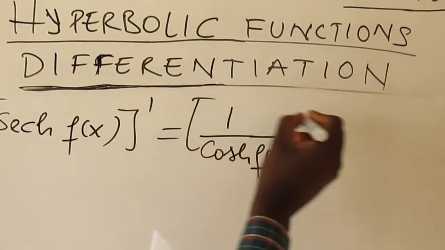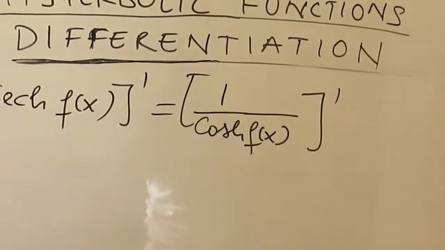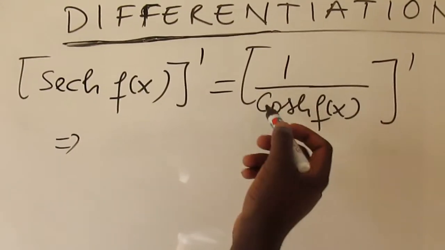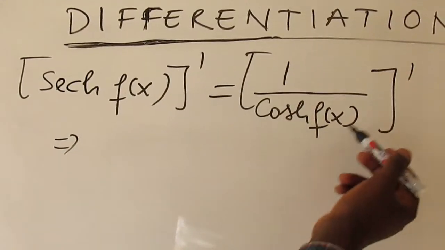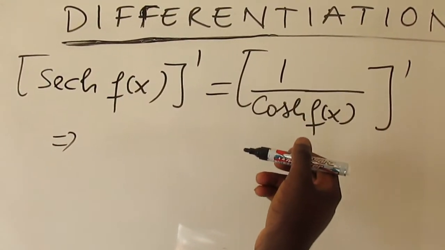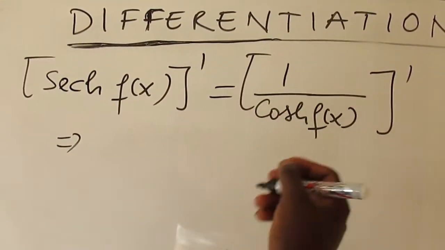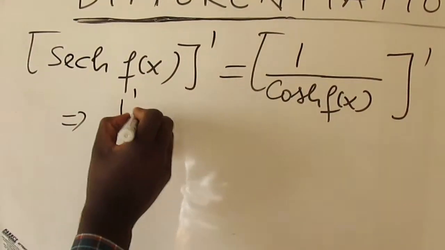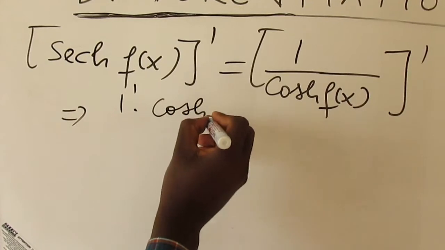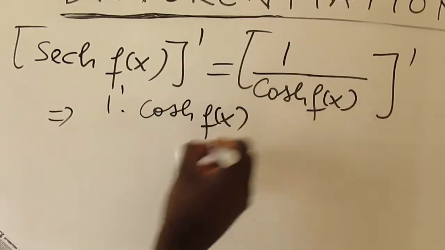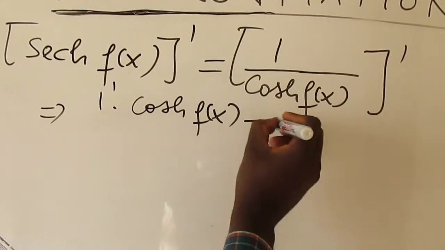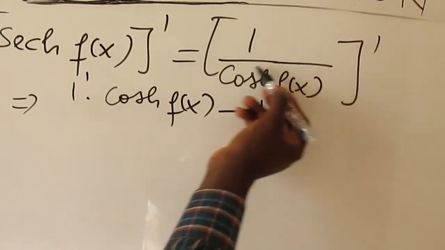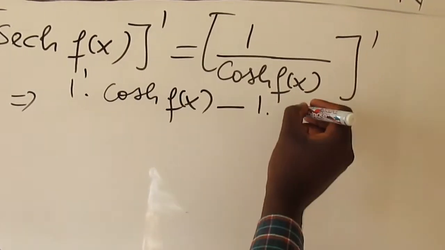You derive this using what? Quotient rule. When you use the quotient rule, u over v, you derive the numerator, you multiply by the denominator, minus, you take the numerator as it is, you don't derive it, then you derive only the denominator.